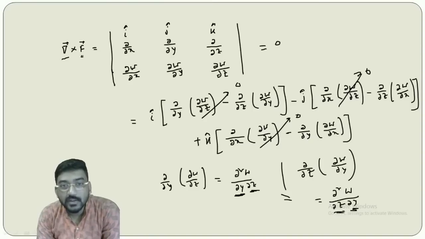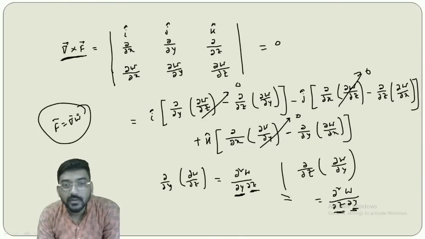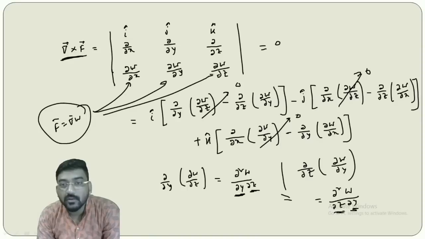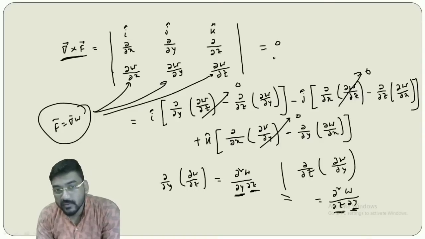So in this situation, you can see, if you assume that f is equal to gradient of w, then we can take the x component, y component, and z component of it, and assuming this, we can prove that curl of f is equal to 0.